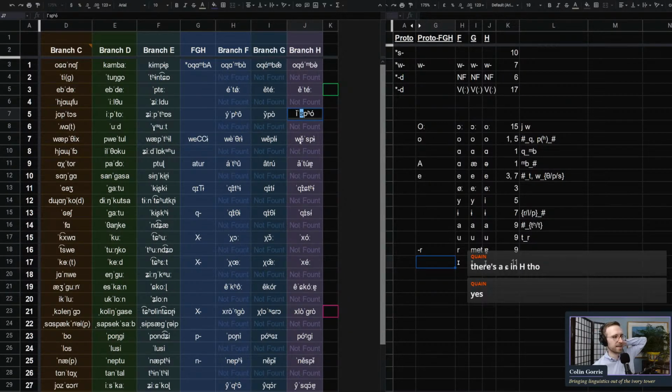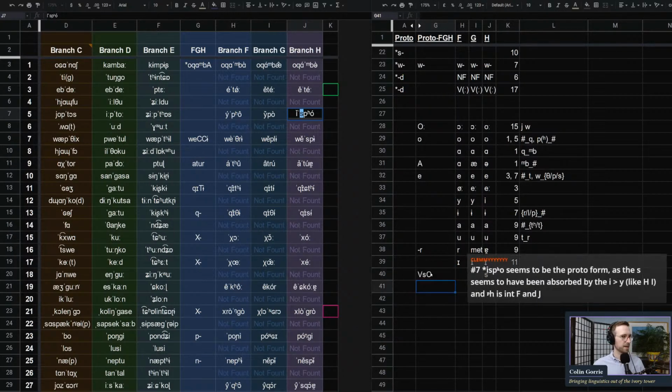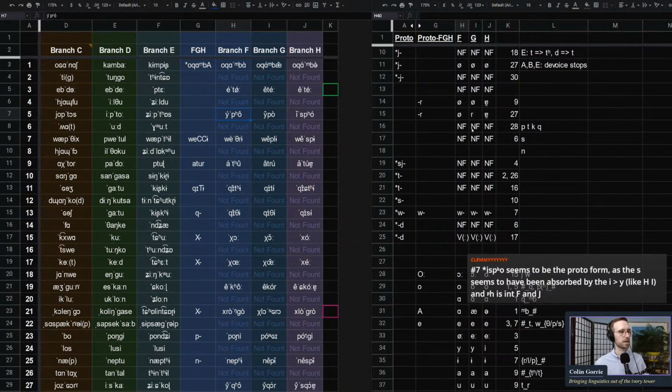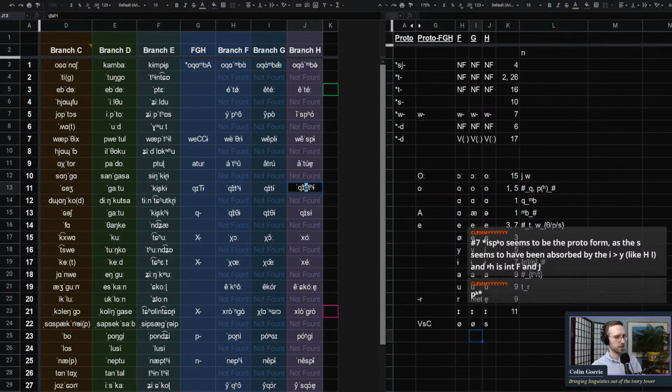I think that it would be more likely for a coda S to vanish than for one to emerge. So I am going to reconstruct S. This is after a vowel and before a consonant. And it is gone. And then similarly, we have this sh, which I think probably works the same way.